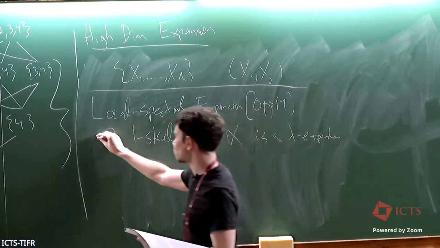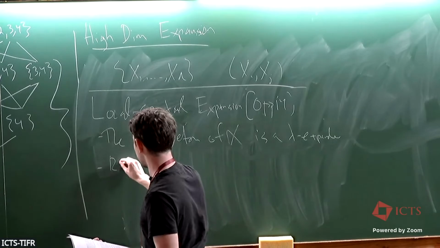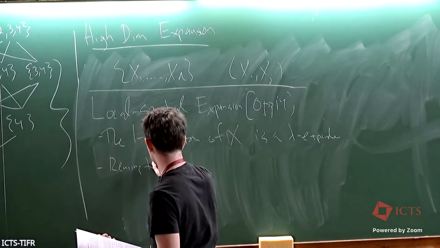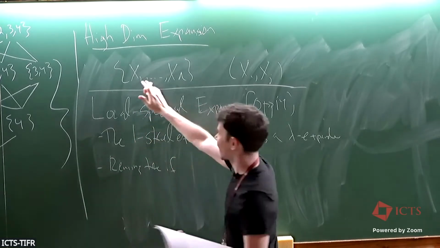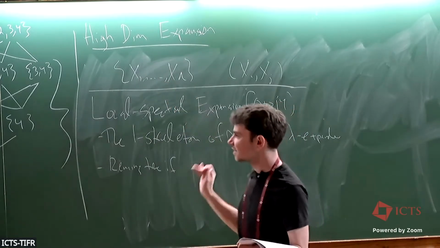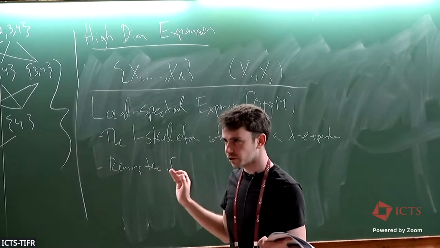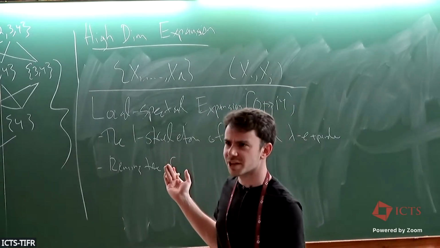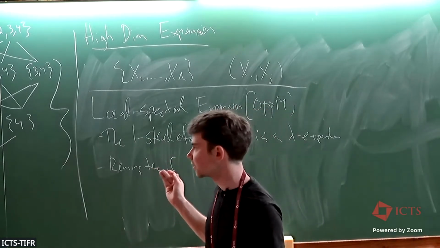And this remains true under conditioning. This remains true even if I fix some of the values in this set x1 through xd. Maybe it's not entirely clear what I mean by this for the moment, but I guess I'm out of time, so maybe I should do it after the break.